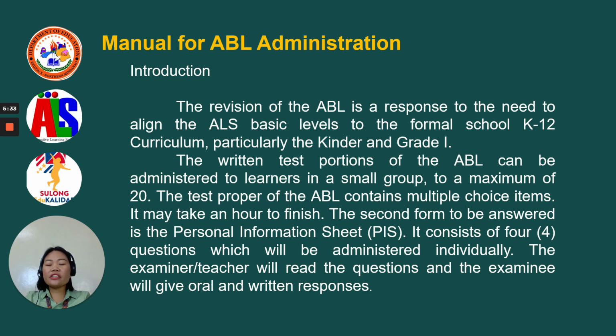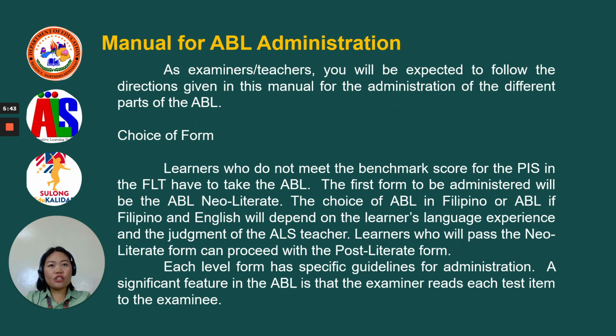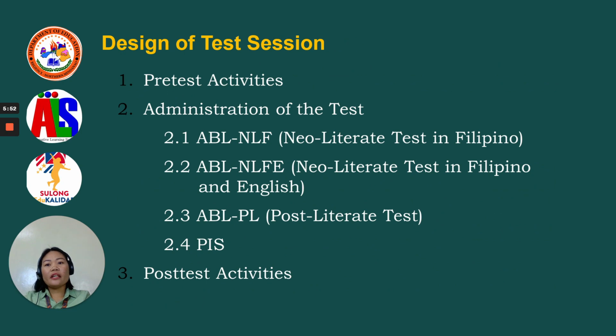You can administer the test in a small group, and the ABL is multiple choice followed by PIS. The significant feature of this ABL is that the examiner reads the items to the examinee. And for the flow of the test, all three forms will go through pre-test, administration of the test, and post-test activities.